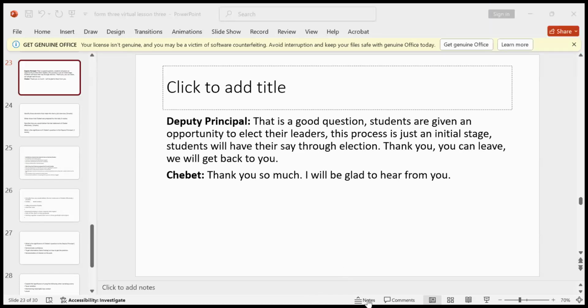I would use falling intonation to indicate finality, while curtsying to show respect. Okay, that's an attempt. I can hear another person. I would gesture by giving a handshake to the deputy principal to show my sincere gratitude for the interview. Okay, thank you, Jack. Another person.